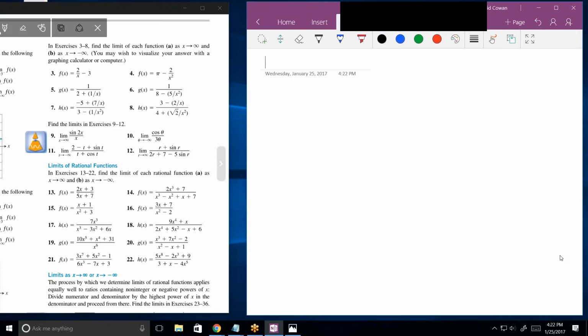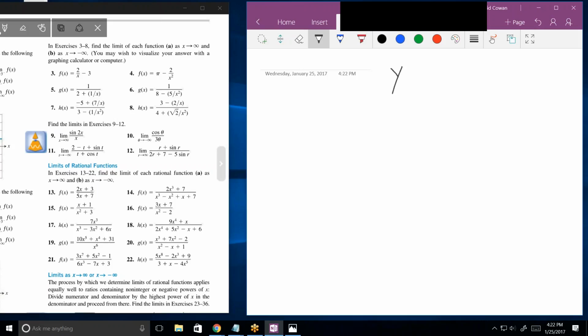All right. Now there's something else about x going to infinity or negative infinity. That's end behavior. Remember when you studied end behavior? It's been a while, so I need to reflect. End behavior is, let's take this function here.